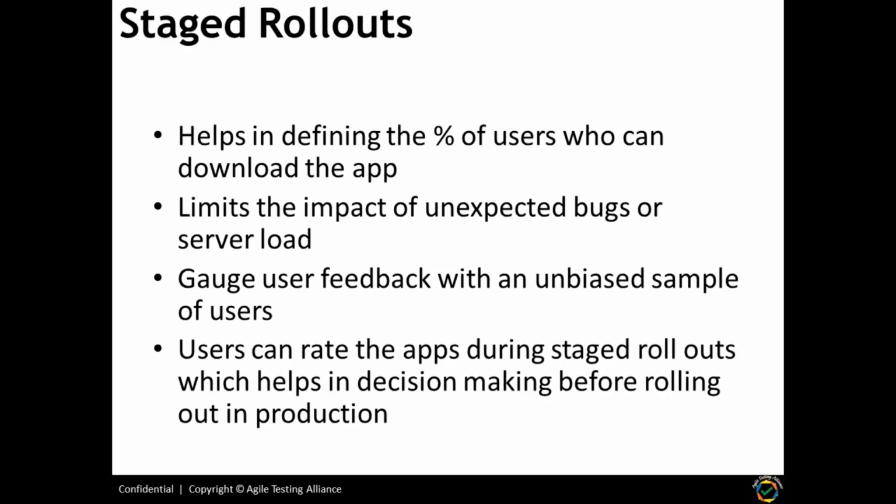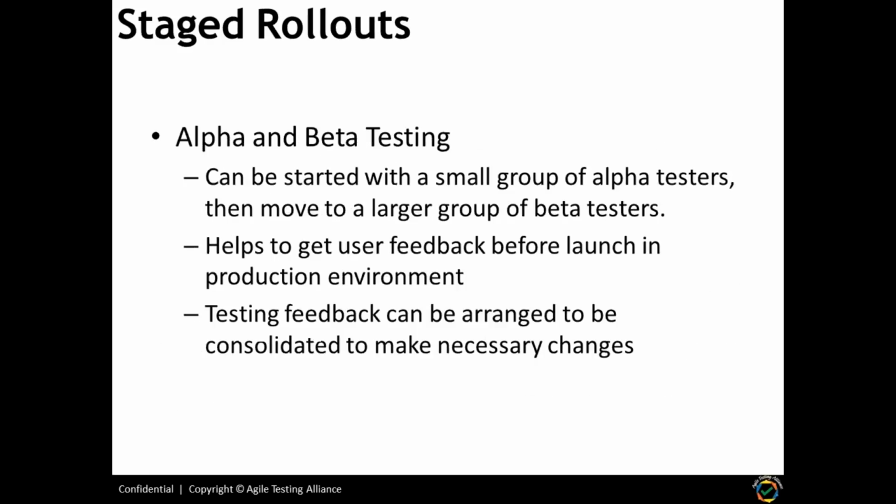It limits the impact of unexpected bugs, and these users can give an unbiased review of the app. They can also help rate the app during stage rollouts. Of course, that will help you decide whether to publish the app in the App Store or fix the defects which have been identified during the testing.